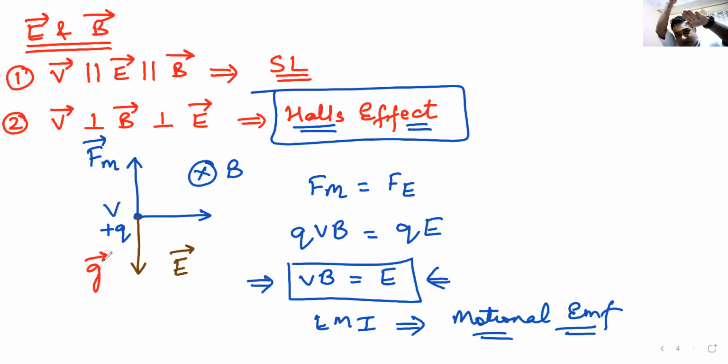Because the magnetic force is in the upward direction, and that force is equating the gravitational force. This is a question of what we call the Hall effect. Whenever you have a question of this nature, it has to come from this part, the Hall effect. Will you remember this?